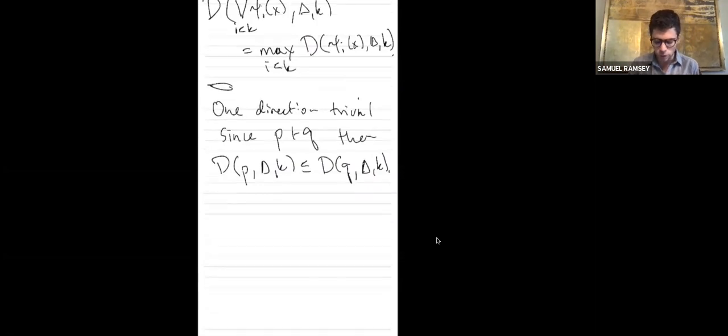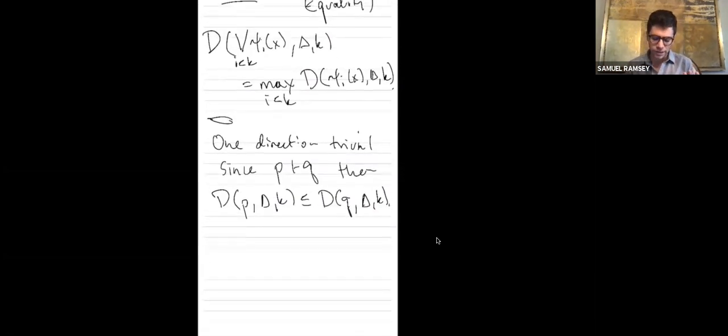Okay, so that implies that each one of these things on the right-hand side will have rank less than or equal to the rank of this disjunction, because each disjunct implies the disjunction. And so that means that the max of all the disjuncts is less than or equal to the max of the whole thing.